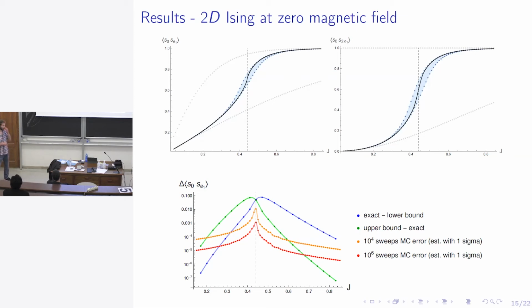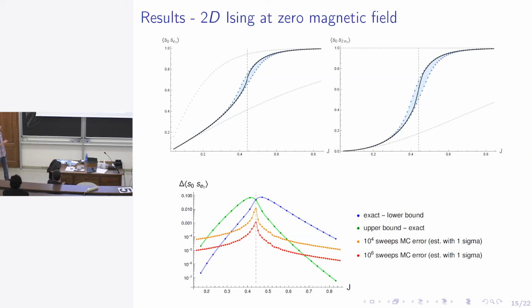We can, for example, compare them to Monte Carlo. Here, this is a very naive Monte Carlo that we did ourselves. Specifically, Joshua Sander did this. This is 10 to the 4 sweeps. This is 10 to the 6 sweeps. We see that if we wait much longer, this will slowly go down.